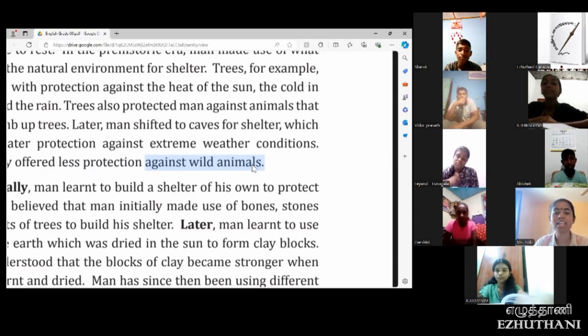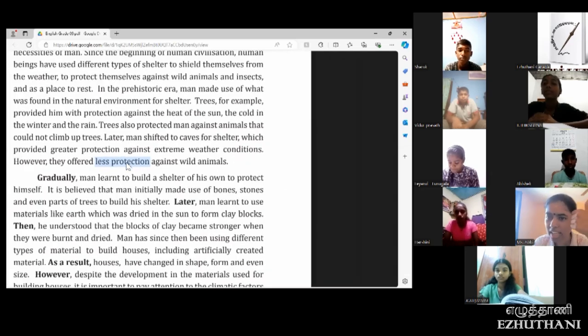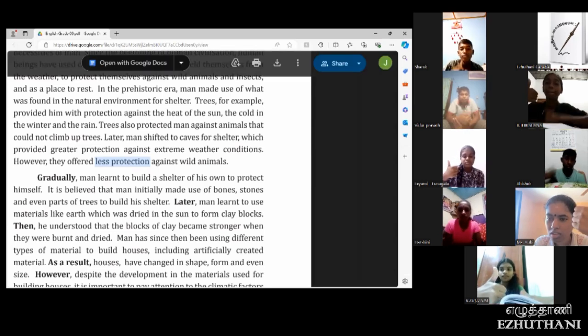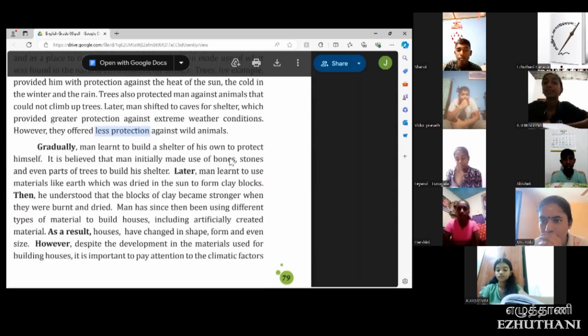So that's why it's less protection. குறைவான பாதுகாப்பு மிருகங்கள்ல இருந்து. Okay? Did everyone understand this sentence? Thumbs up if you understood. Okay, good.